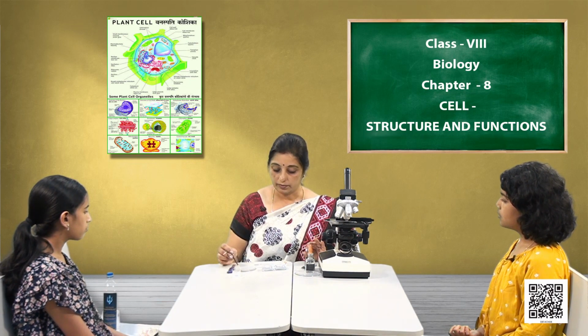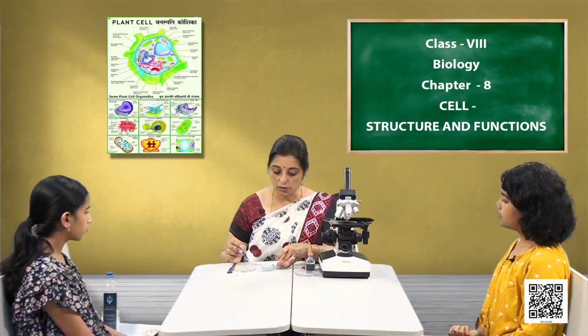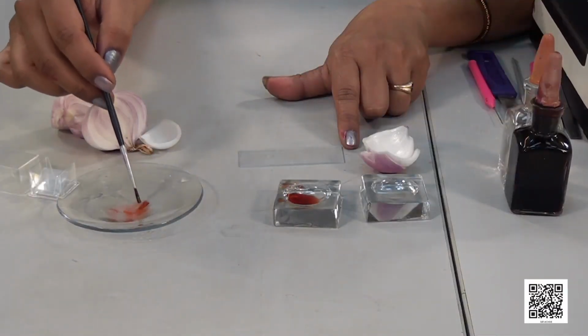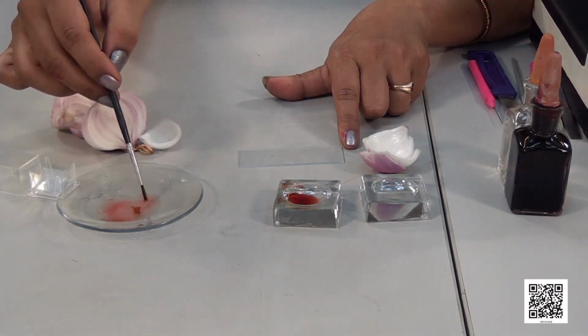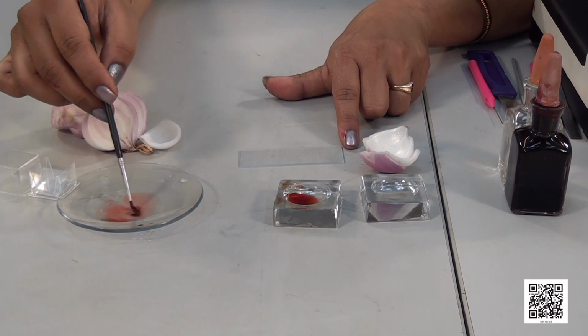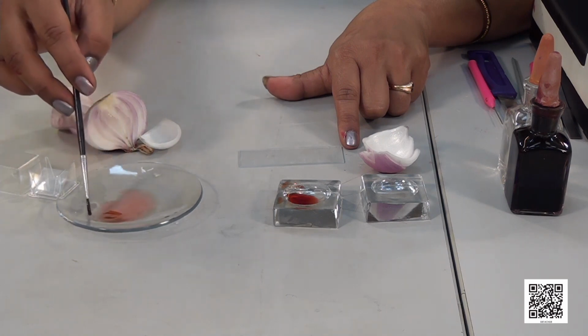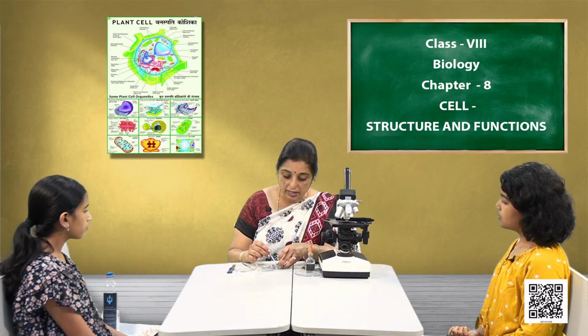As a next step, I am going to wash this peel so that the excess stain is removed. We are not going to over-stain the peel, otherwise the structure will become too dark.